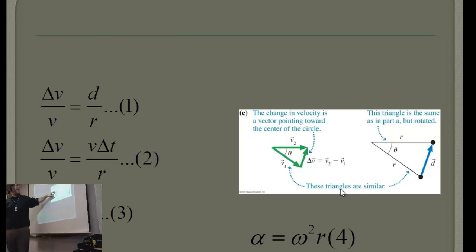What can you tell me about the magnitude of my two velocity vectors? The length of them. Equal. The speed's not changing, right? Just the direction. So I've got two isosceles triangles. What does that mean I can do? They're similar triangles, which means I can break out some geometry proofs.